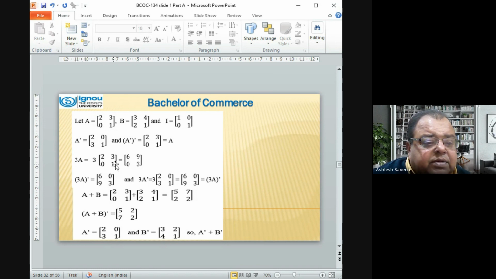Now 3A means multiplying 3 by all the elements. It will be 6, 9, 3, 0. This we have calculated, 3A. What will be the transpose?